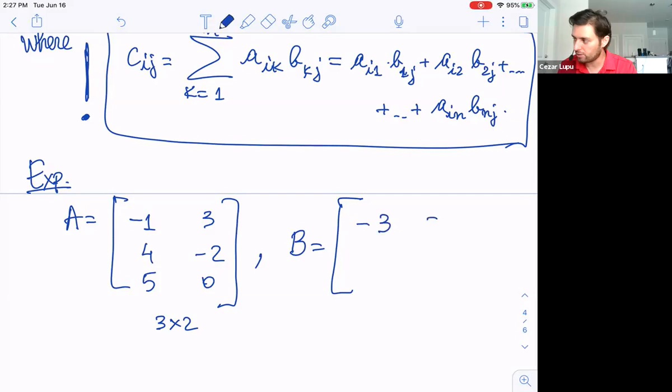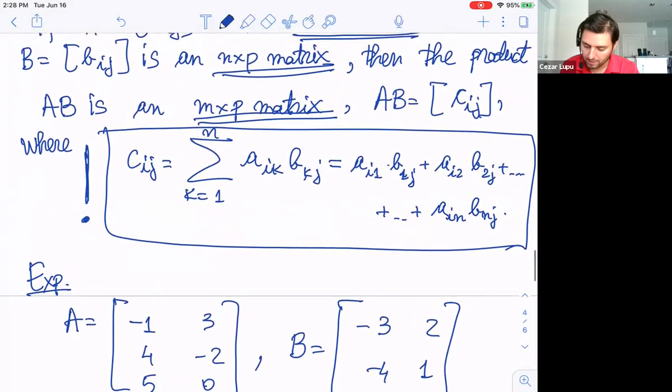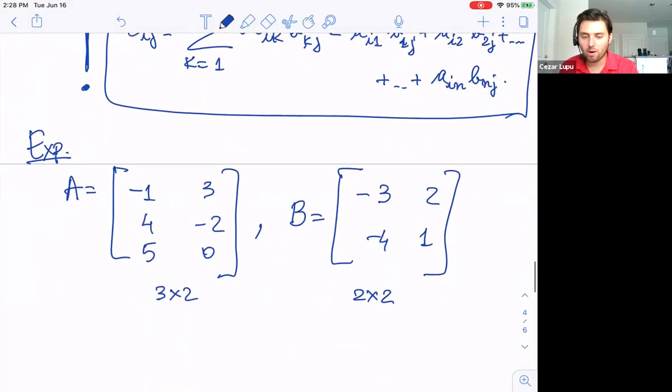Let's say -3, 2, -4, and 1. This will be a 2 by 2 matrix, right? So I can multiply them. As you can see, the multiplication will be possible because the number of columns in the first matrix coincides with the number of rows in the second matrix. Look here.